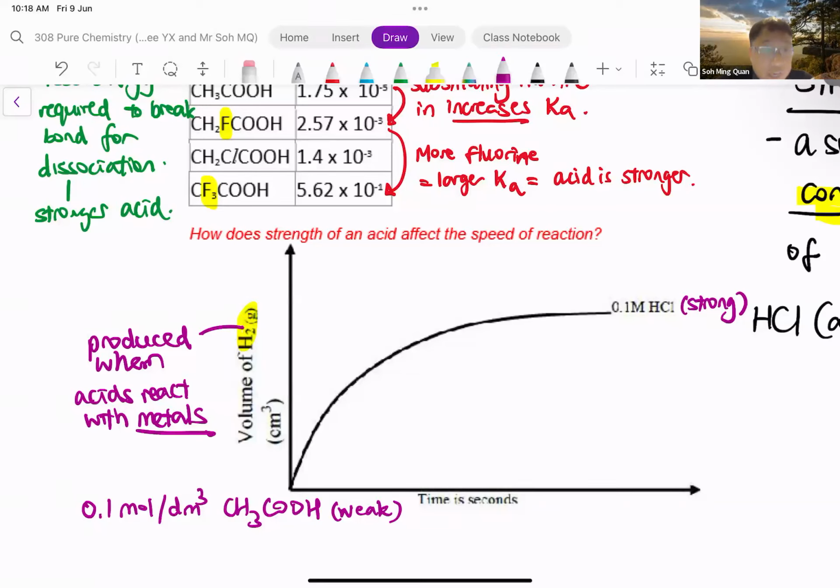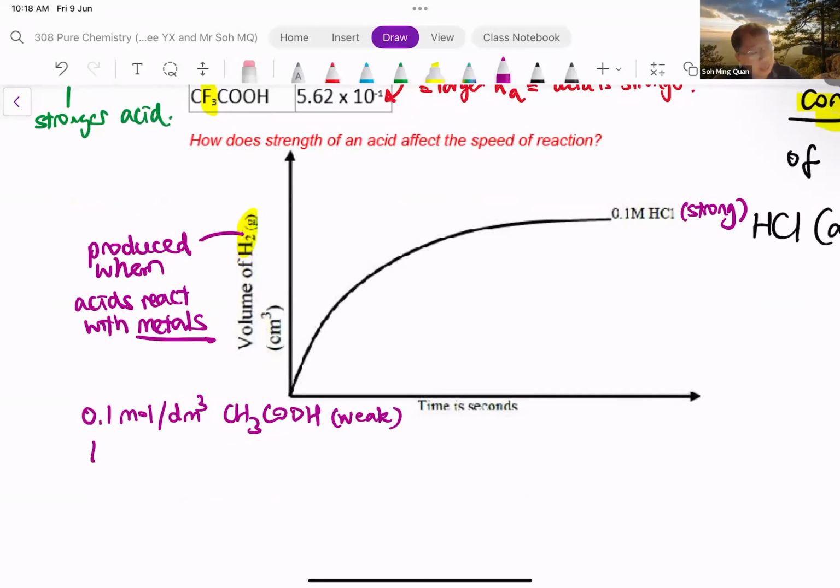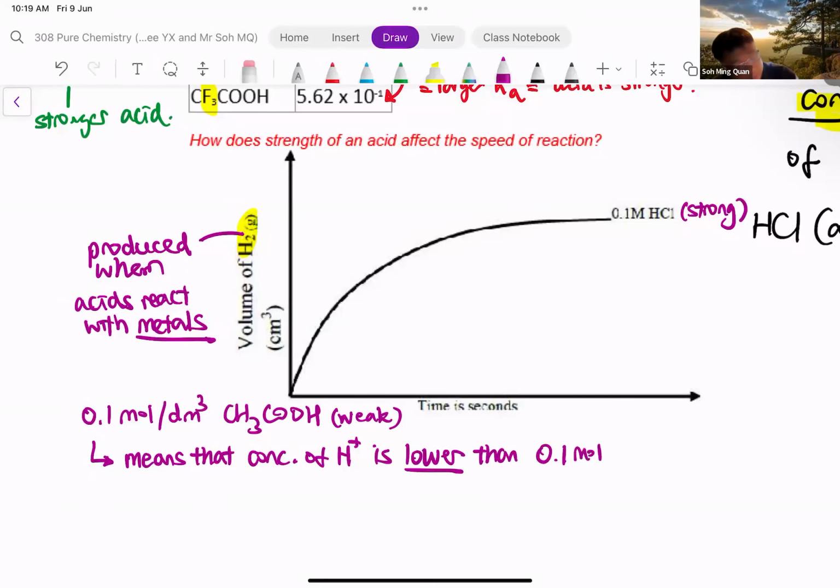Right? A weak acid is defined as a substance that dissociates and ionizes partially. This means that the concentration of H plus is lower than 0.1 mole per dm cube.